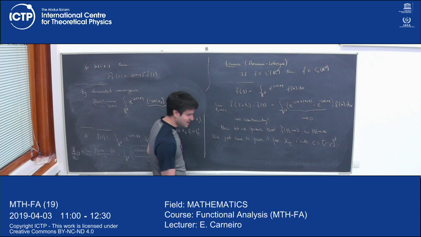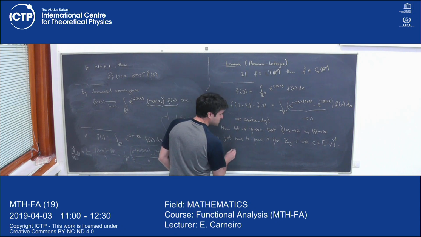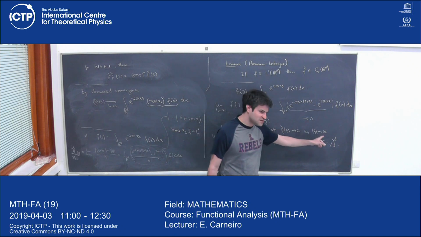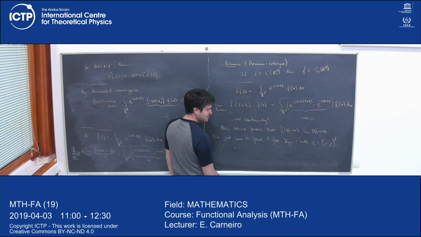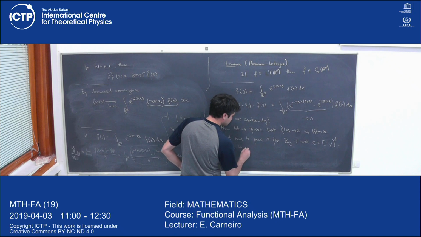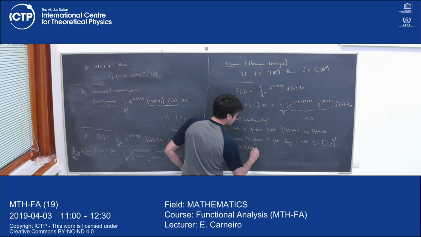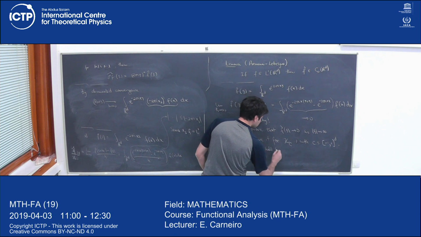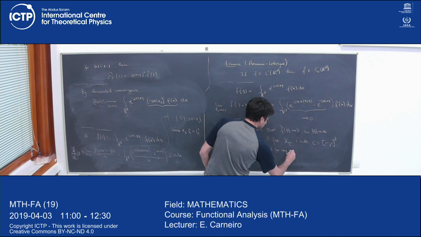And I'll say it again. If we prove the result for the characteristic function of the cube, saying that the Fourier transform goes to 0 when xi goes to infinity, then by dilation it holds for any cube, right?